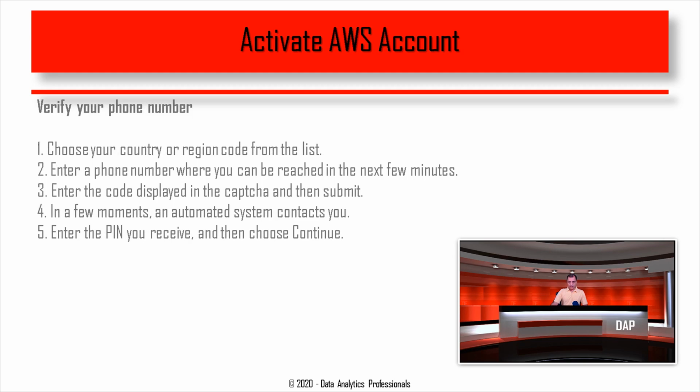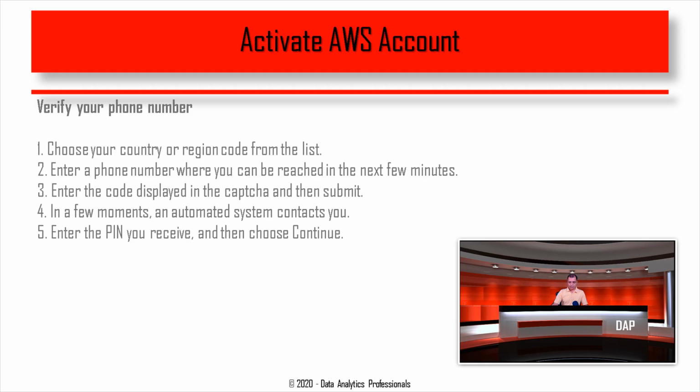Once you have added the payment method, the next step to activate your AWS account is to verify your phone number. To do that, you need to choose your country or regional code from the list.